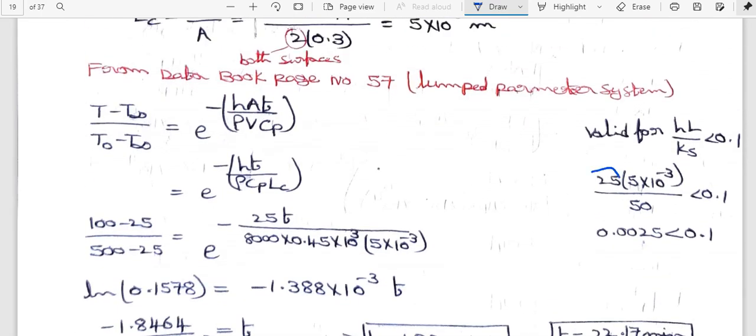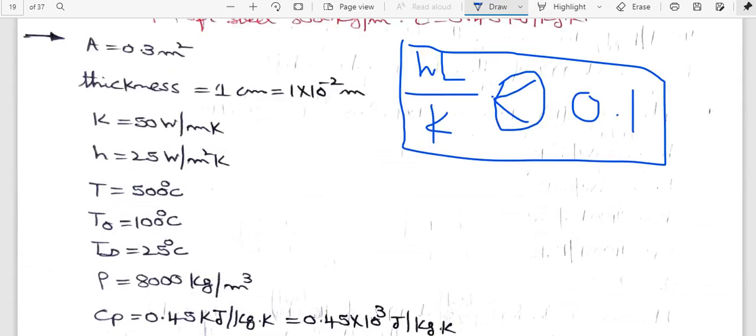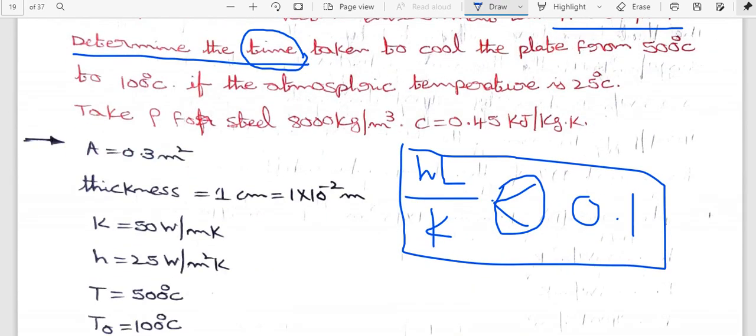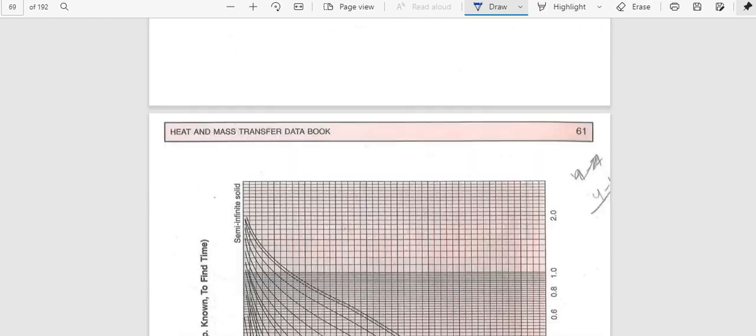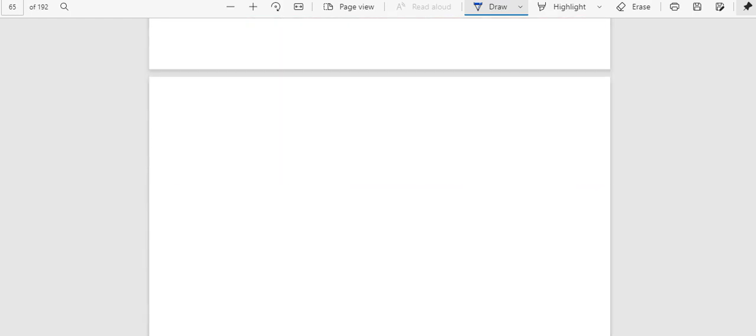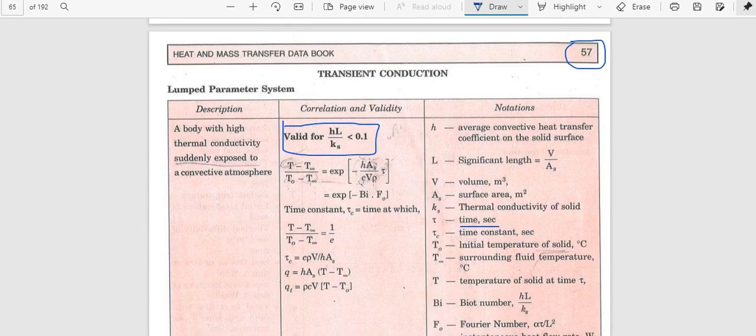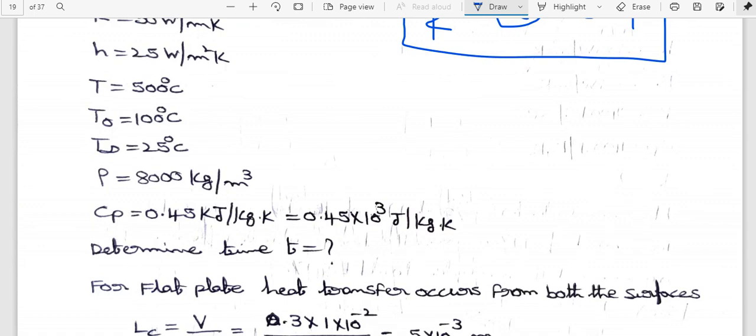The h value is 25, and the Lc value, what is the Lc value? We take it from the data book. Here Lc is the significant length, volume by surface area. Significant length Lc is equal to volume by area.